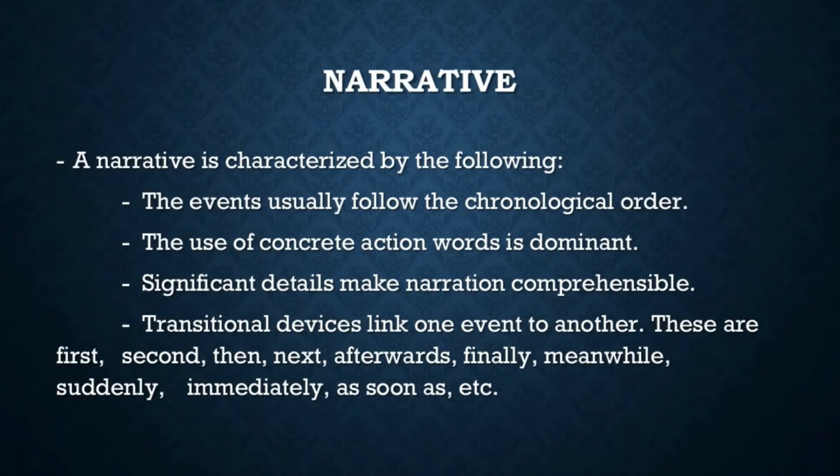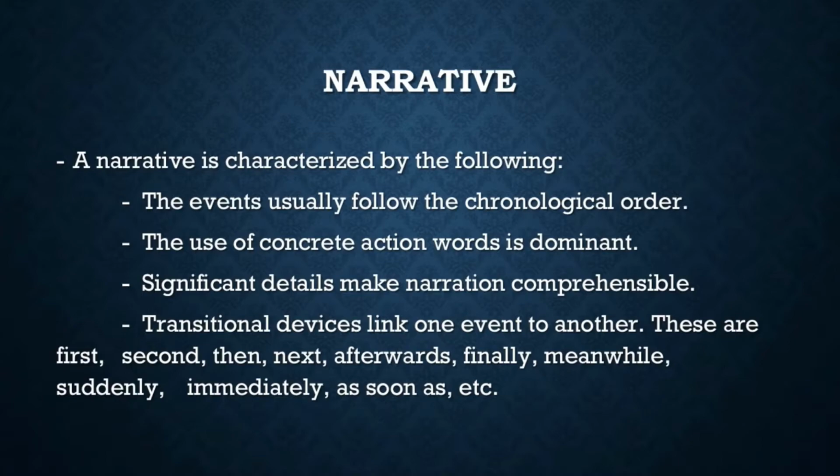Now, what is a narrative? A narrative is characterized by the following. So these are the characteristics of a narrative. The events usually follow chronological order. The use of concrete action words is dominant, so it's powerful. Significant details make narration comprehensible.